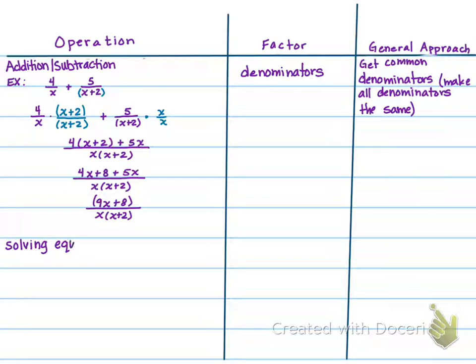And it's kind of nice to see these two side by side because they're somewhat similar, but they have some important differences. Like we talked about, we can clear fractions in equations, but we cannot clear fractions when we're just adding or subtracting.